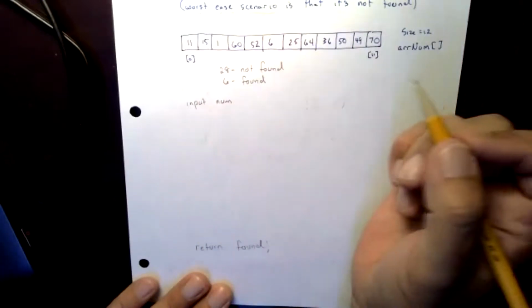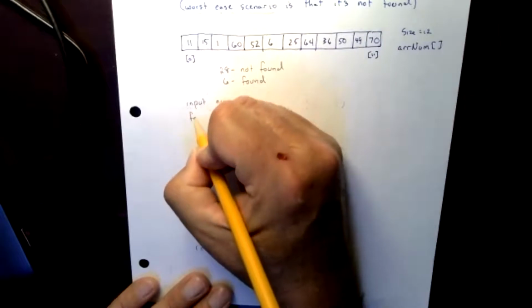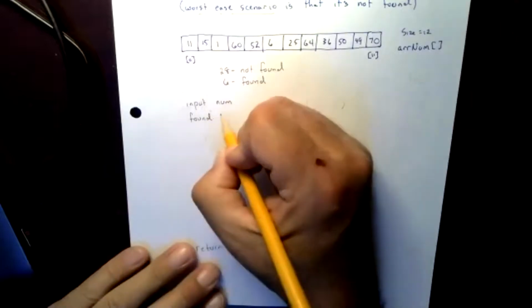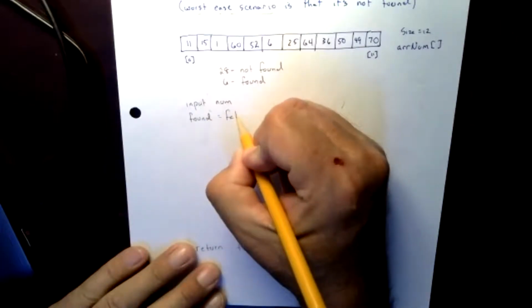So up here when I input number, I might declare a variable called found and give it an initial value of what? False. Okay, I can give it false. Could I make that 0 if I wanted? Could found be 0? Ryan says yes. Yeah. Yes.